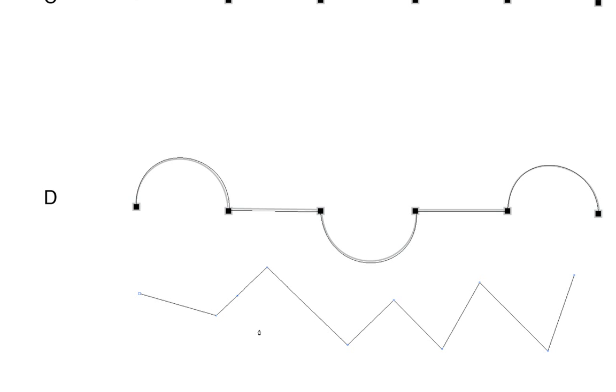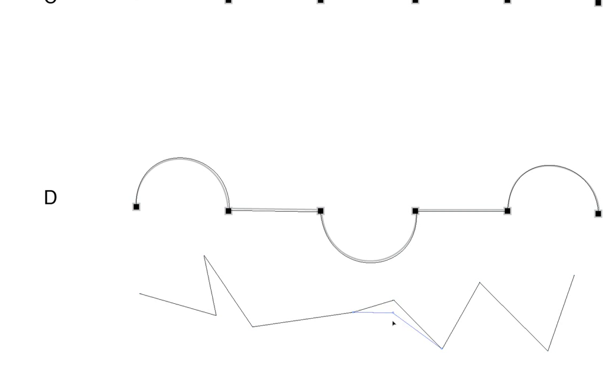And if I hold down the Command key or Control key, I can temporarily access my white arrow direct selection tool, and I can click on that anchor point and move it. So you can move anchor points, and you can move line segments. So when I move this line segment, I'm actually moving two anchor points at the same time.